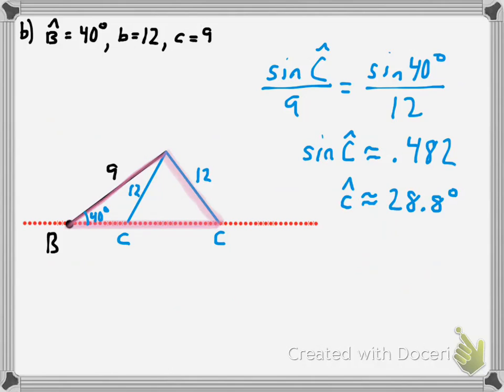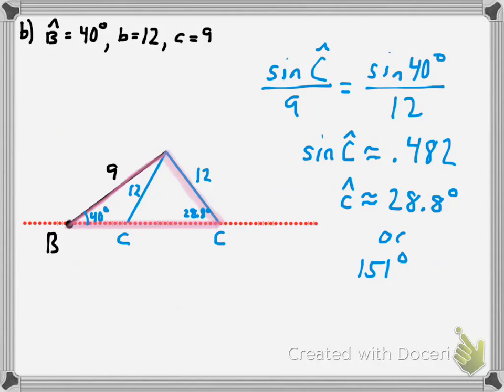So under the assumption that angle C is acute, angle C would be 28.8 degrees. Now, I told you I'd always like you to operate at the beginning under the assumption that the angle opposite the other side that you're given is acute, or that it could be obtuse as well. So we're going to subtract 28.8 from 180 to find out what it would be if it was an obtuse angle. And you'd find that 151 degrees is the possibility if it's an obtuse angle.